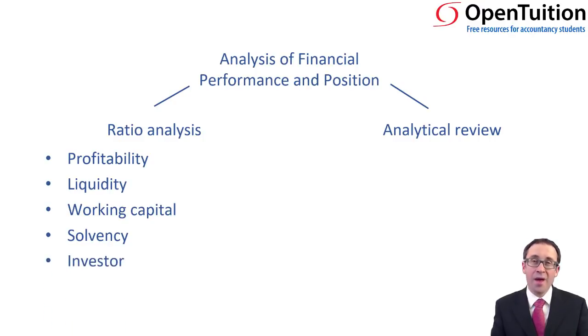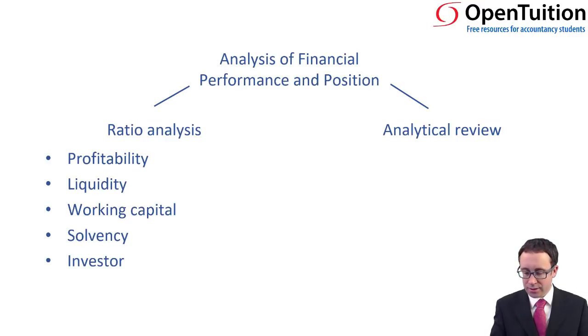And then we need to look at your investor ratios. So starting to look at dividends, dividend yields, dividend cover, earnings and earnings per share. Some really useful information there to aid the investor to understand how well this business has done from one year to the next.